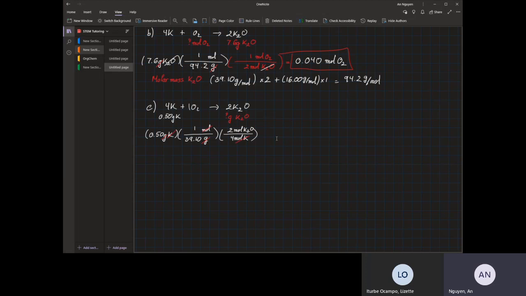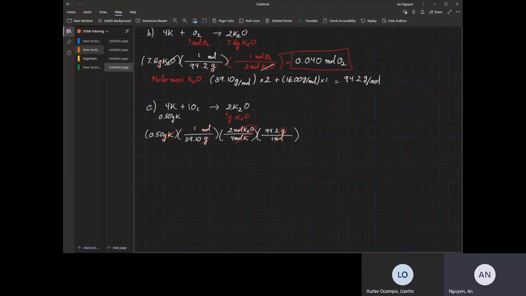But then they want us to find the gram, so we convert the moles of K2O into the grams of K2O, and as we just did earlier, that is 94.2 gram for every 1 mole. So the mole and the mole cancel out, giving us the gram of K2O.